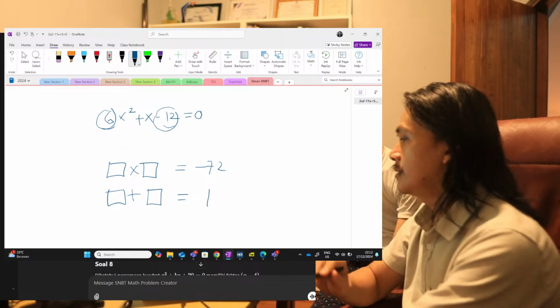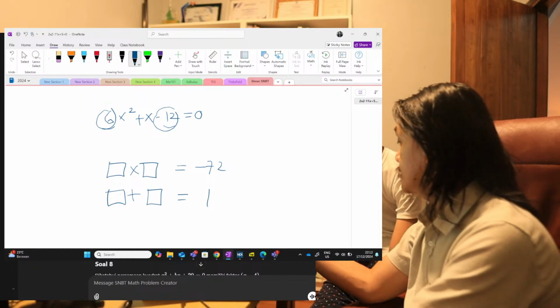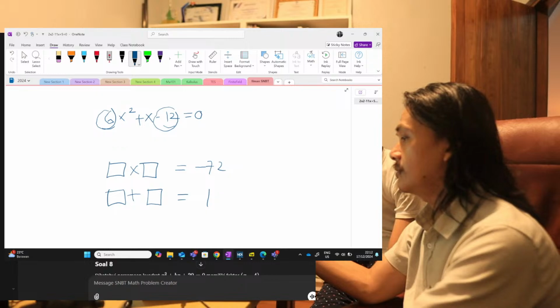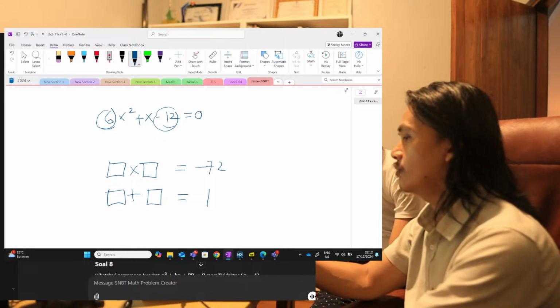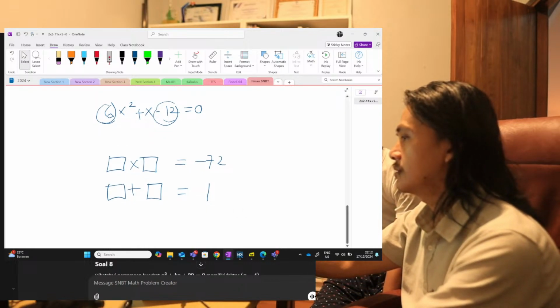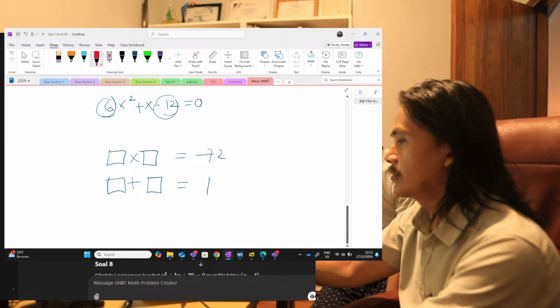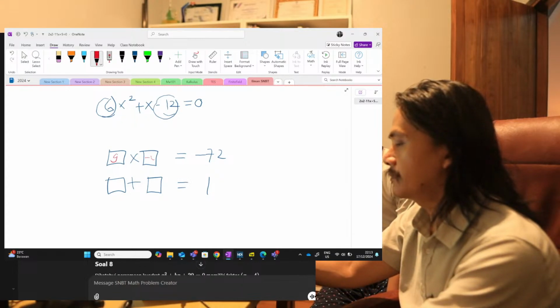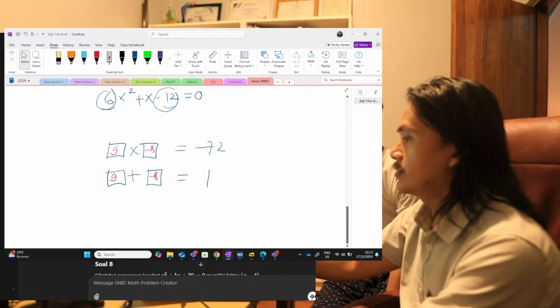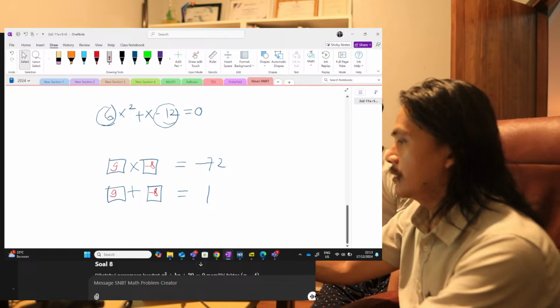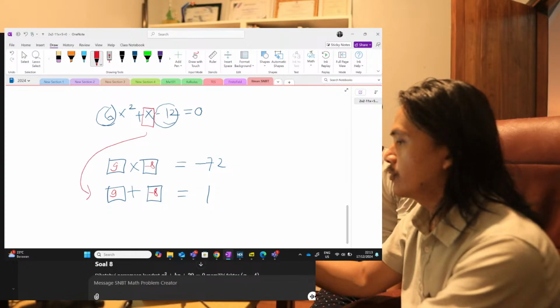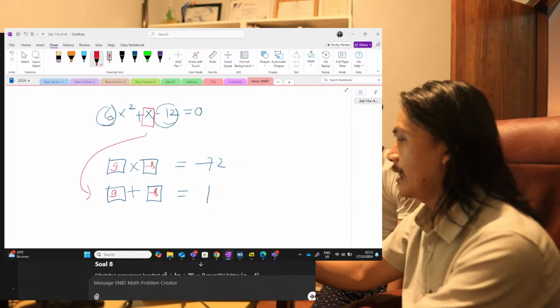Oh, okay, so that is exactly the number that you found, right? Which was what? Negative 8 and 9. Okay, so 9 and negative 8. Now we replace this x with 9x minus 8x.